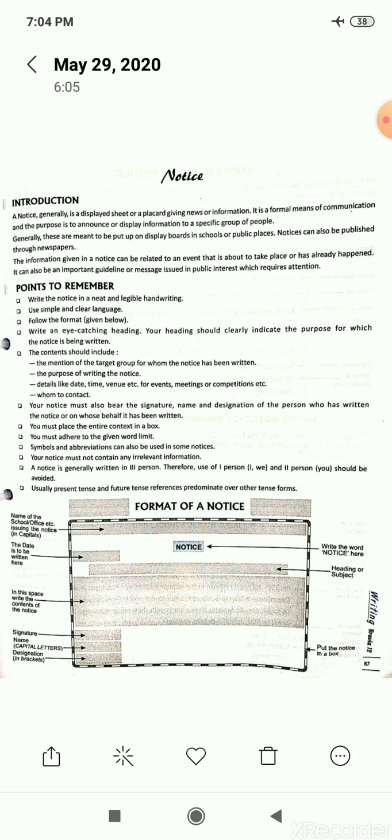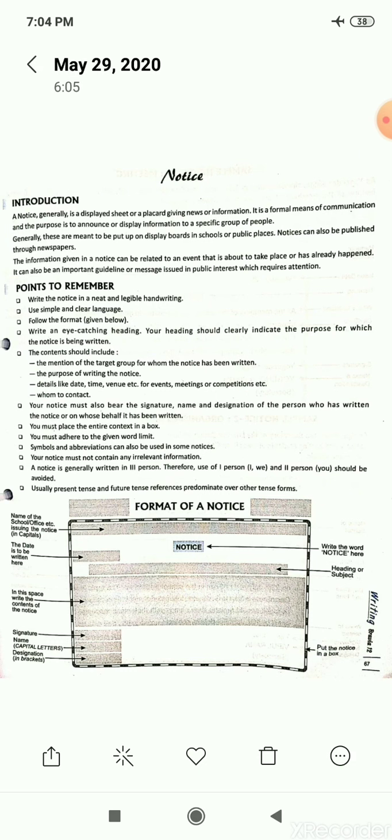The next thing you must remember is that the notice must also bear the signature, name and designation of the person who has written the notice, or on whose behalf the notice has been written. Sometimes the assistants or clerks prepare the notice.